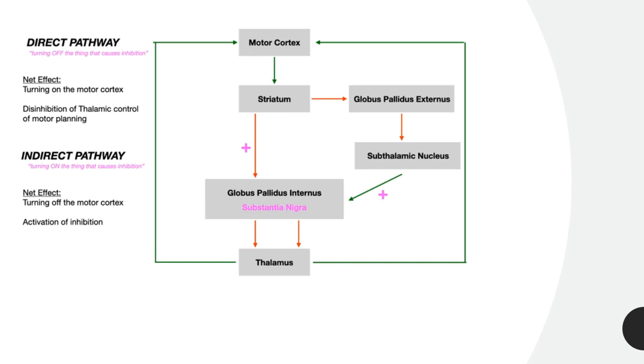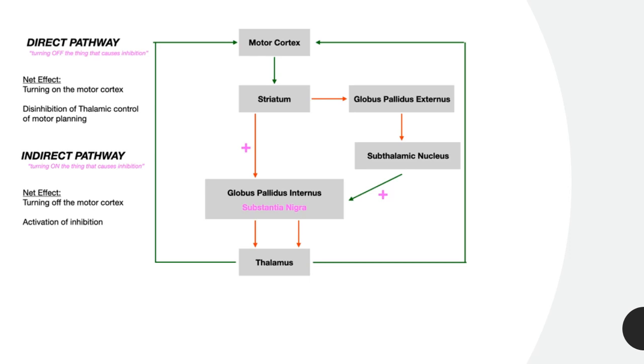Now compare that to the indirect pathway. In the indirect pathway, the subthalamic nucleus is sending excitatory neurons to the substantia nigra. So it's turning on the substantia nigra, which means it's turning on the thing that causes inhibition. Okay, so when you turn on something that inhibits, the overall effect is inhibitory. But when you turn off something that inhibits, as is the case in the direct pathway, the overall effect is excitatory.